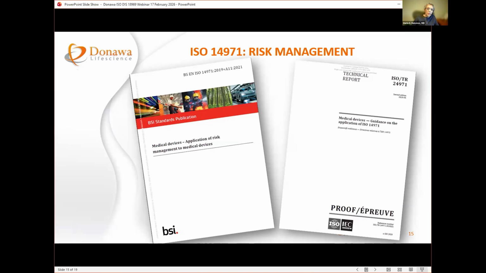So the risk management standard 14971, most of you are familiar with that. Hopefully most of you are also familiar with the guidance document 24971, which has significant information that can be useful that is not in the standard itself.